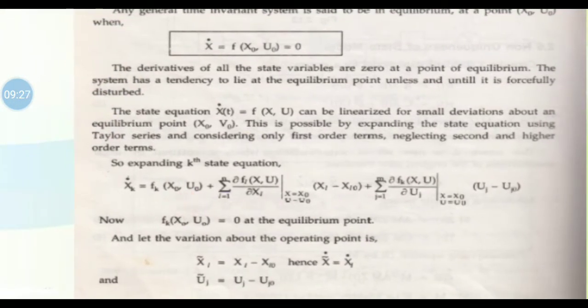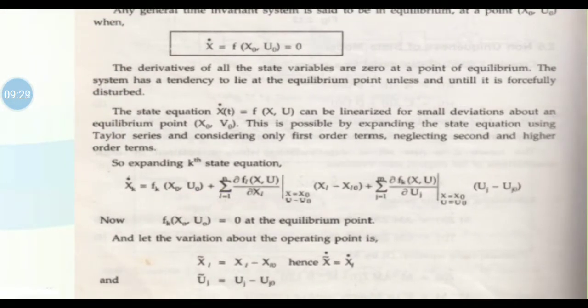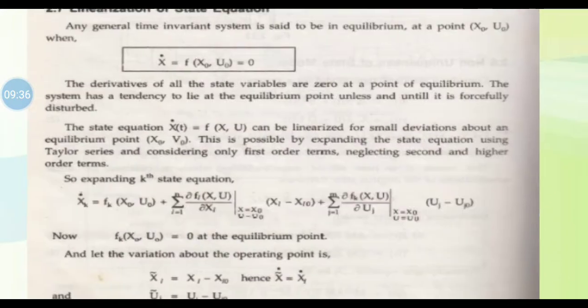Now fk of x naught, u naught is equal to 0 at the equilibrium point.